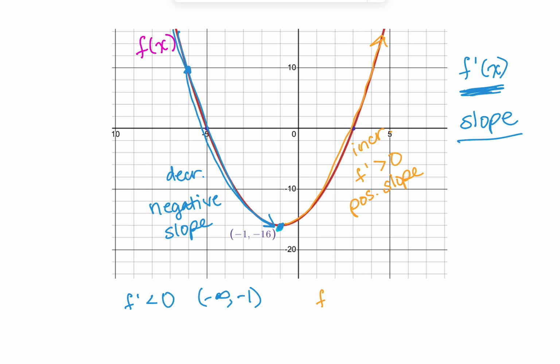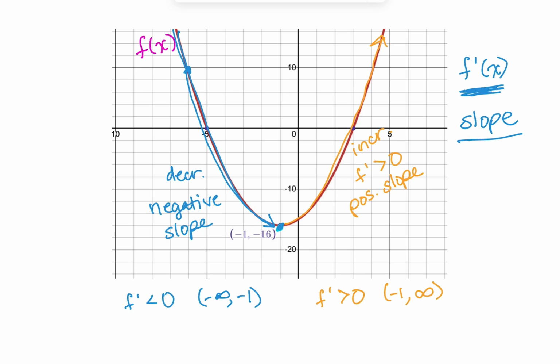So I know that f prime is greater than 0 from -1 to infinity.